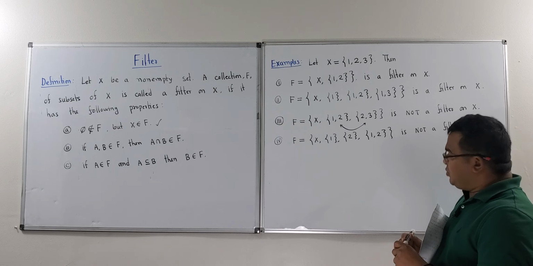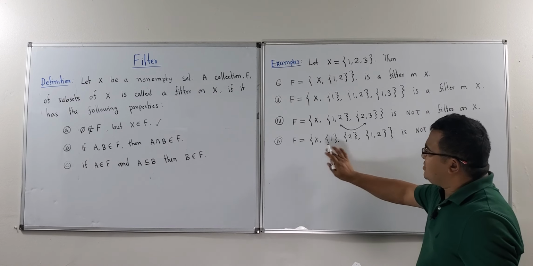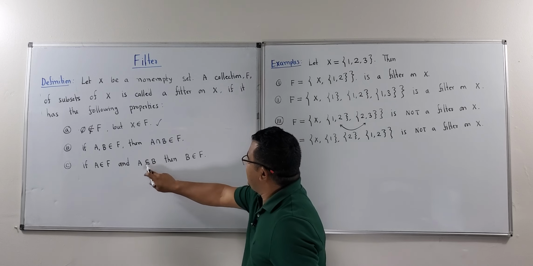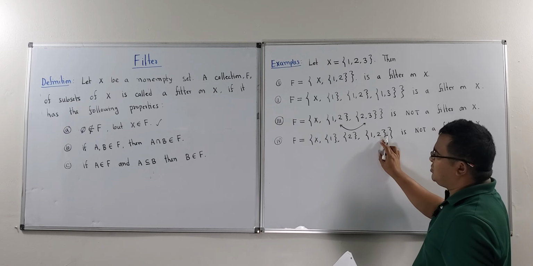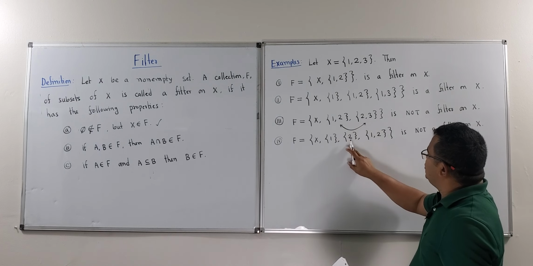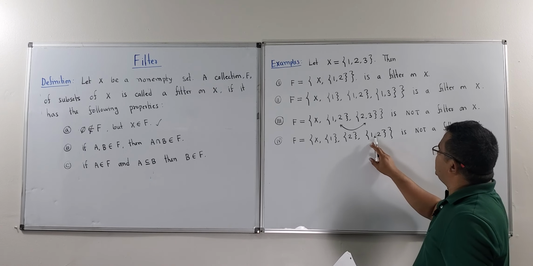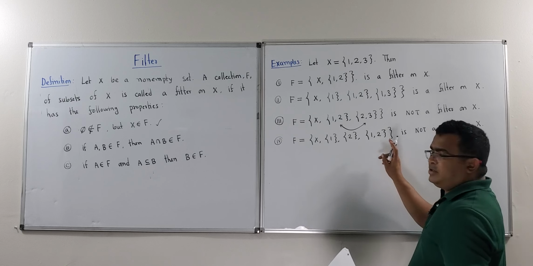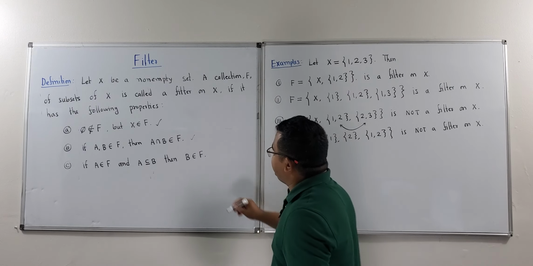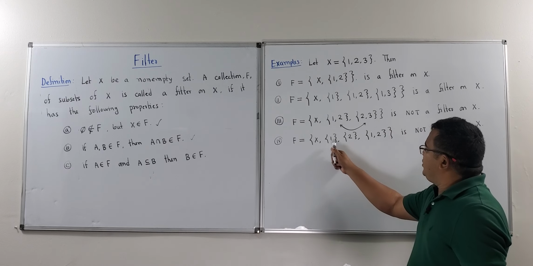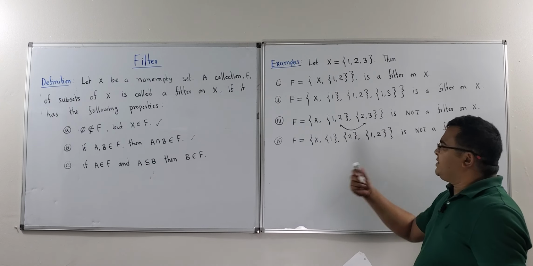It also satisfies the third property, because if A is a subset of B, {1} is a subset of {1, 2} and {1, 2} is also in that collection, and {2} is a subset of {1, 2} and {1, 2} is also in that collection. But there is a problem here. If you consider {1} and {2}, what is the intersection?